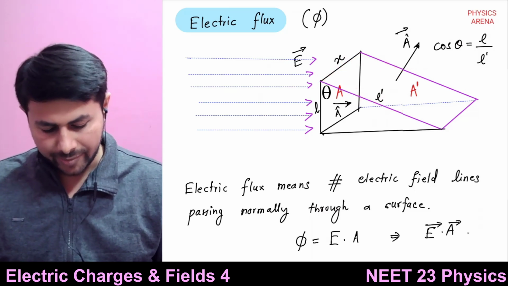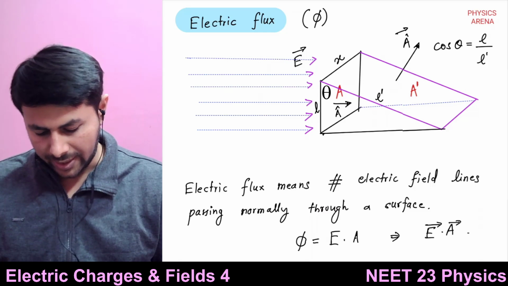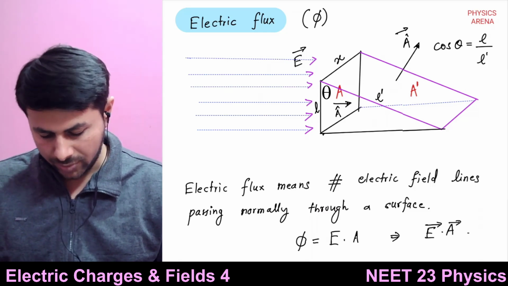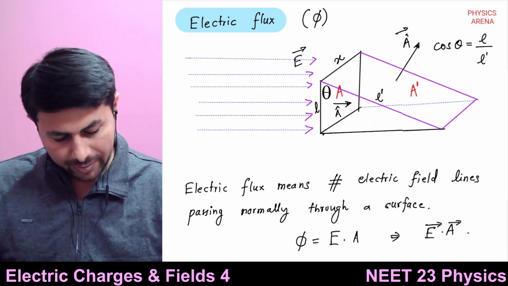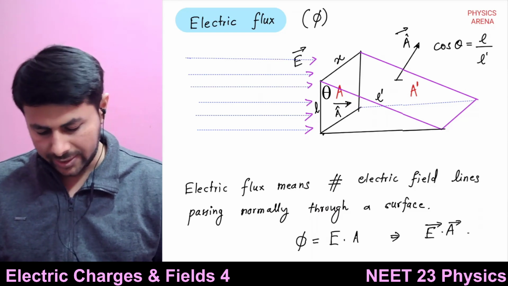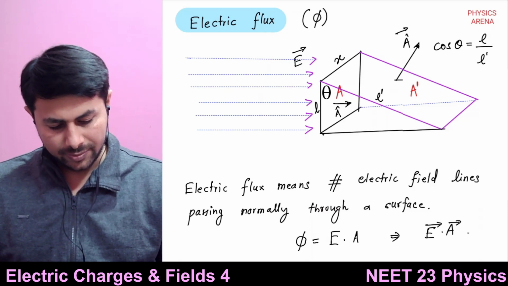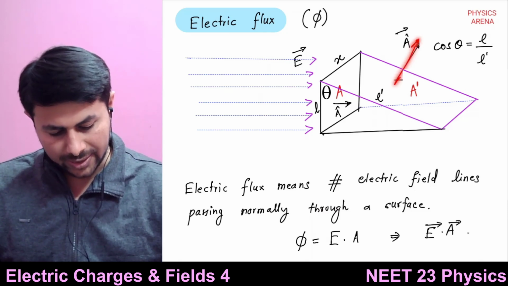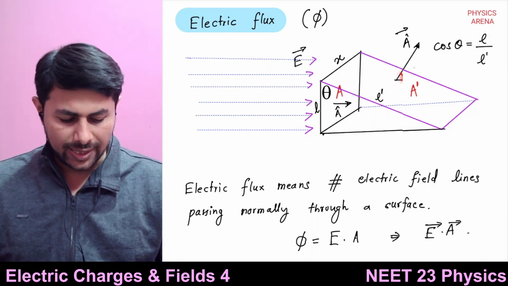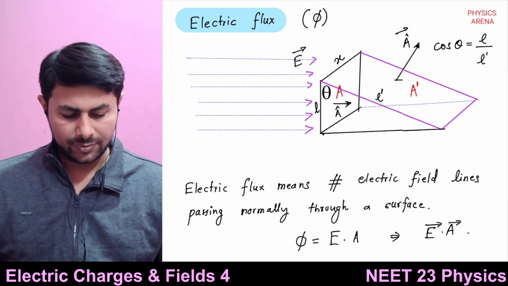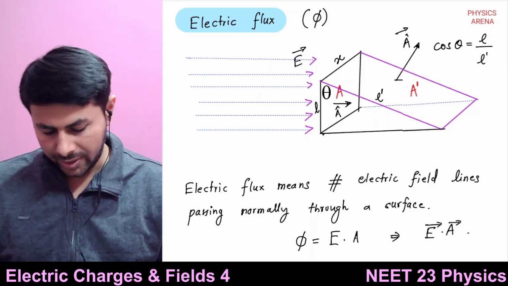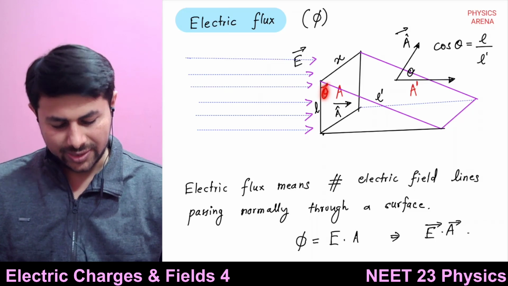What is the angle between the electric field lines and this area? Electric field lines are directed like this. This area is directed like this. So this angle is equal to theta.